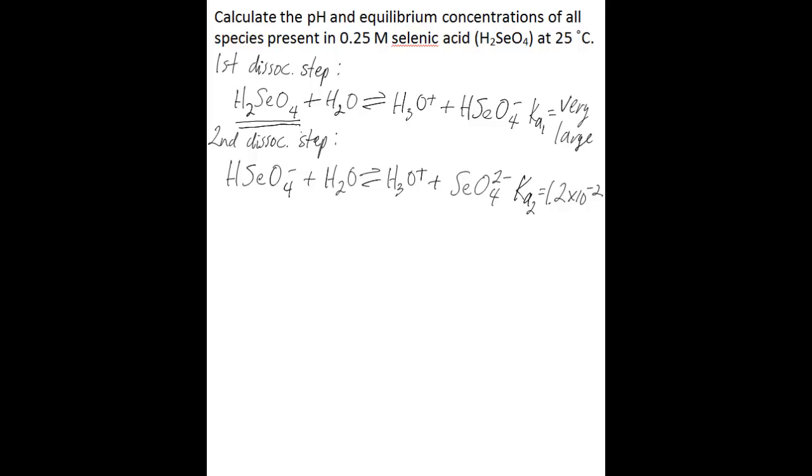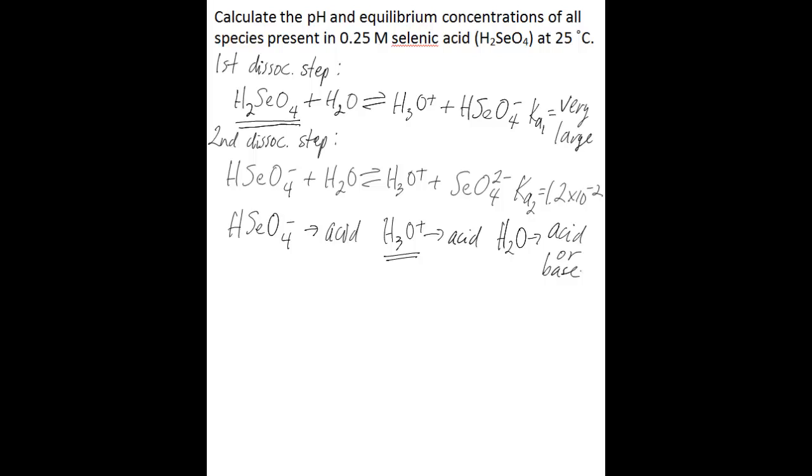So the species present initially then are HSeO4 minus, H3O plus, and this is coming from the first dissociation step where selenic acid completely dissociates into HSeO4 minus and hydronium ions. And you also have, of course, water present as one of the initial species. The first two are acids, and water can act as an acid or a base.